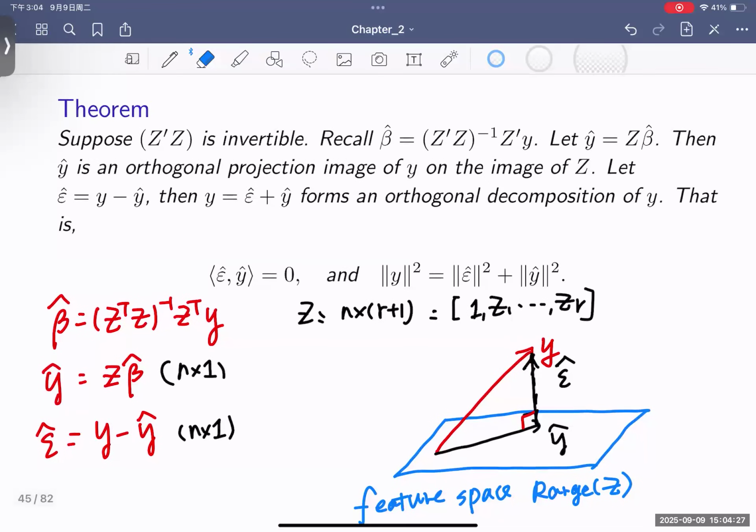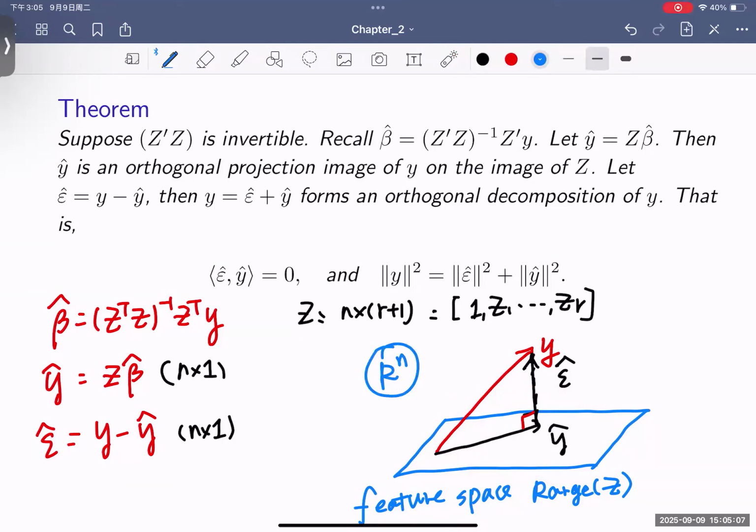Of course, this is just for least squares. For other estimates, it may not have this kind of explanation. This is why least squares is more commonly used. Now our remaining task is to demonstrate that epsilon hat and y hat have inner product 0. The features themselves generate a space, just this plane here, in the R^n dimension version.